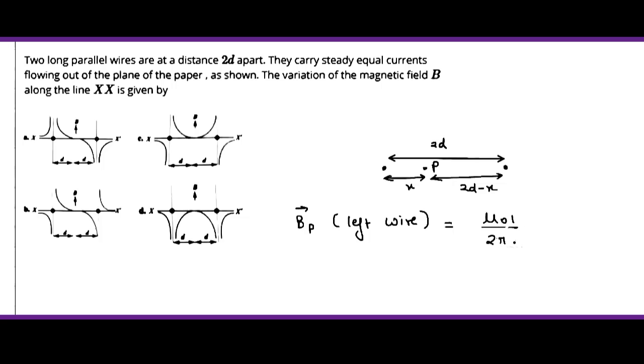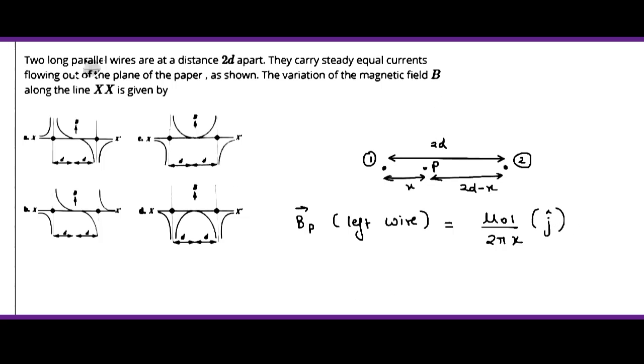Here r is the distance of the point P from wire 1, let's say the left wire, and this is wire 2. So the distance will be x, and the direction we can calculate using the right hand thumb rule. As the current is coming out, the thumb points in the direction of current, and the curling fingers give the direction of the magnetic field. So at P the magnetic field direction is upward, that is J cap.